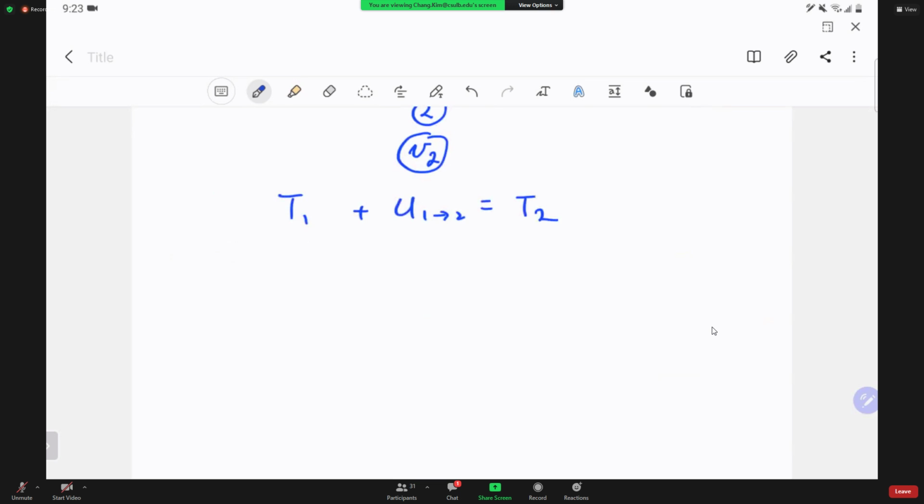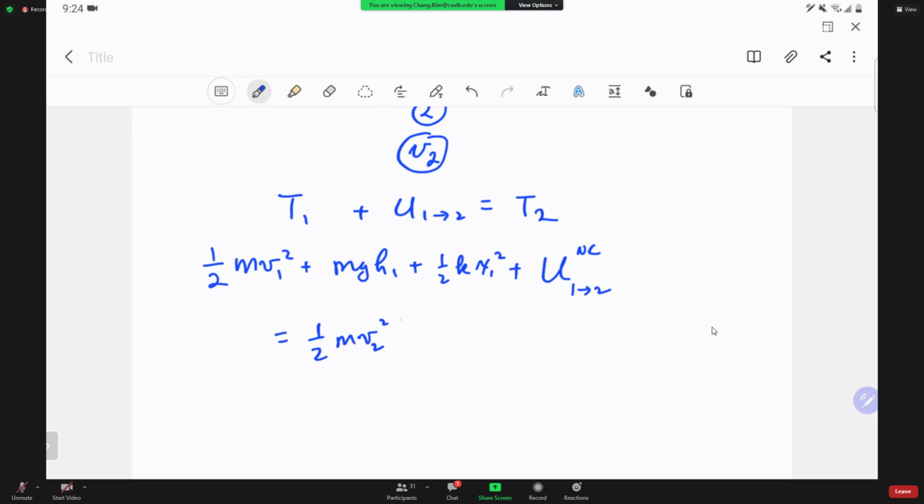Now I'm going to use the long equation, which was 1/2 m v1 squared plus m g h1 plus 1/2 k x1 squared plus U12 done by the other non-conservative forces, which is, for example, friction forces, is equal to 1/2 m v2 squared plus m g h2 plus 1/2 k x2 squared.